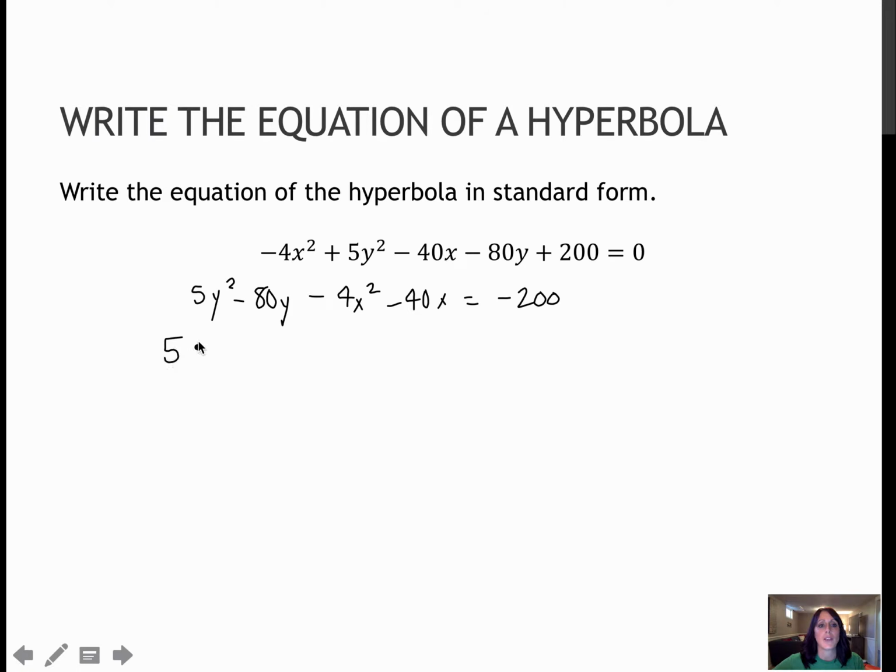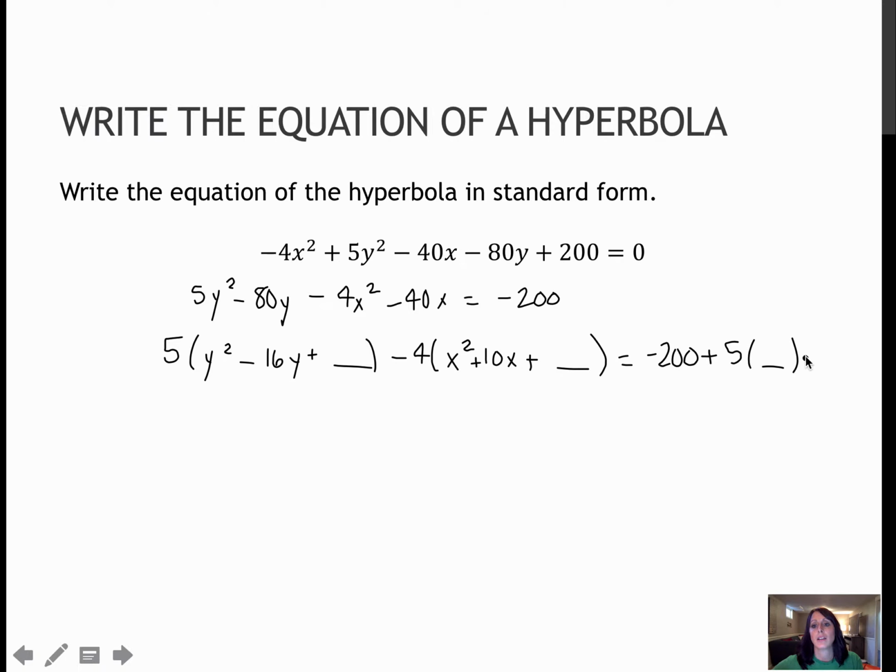I'm going to take a 5 out of both terms, which gives me y squared minus 16y plus blank. I'm going to take a negative 4 out of both terms, which gives me x squared plus 10x plus blank. And then I have negative 200 plus 5 times blank minus 4 times blank.